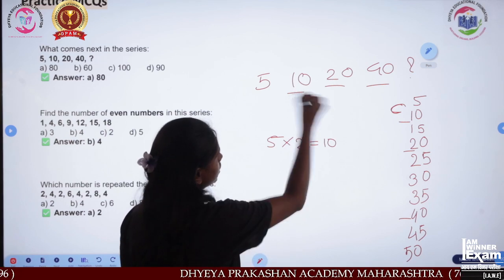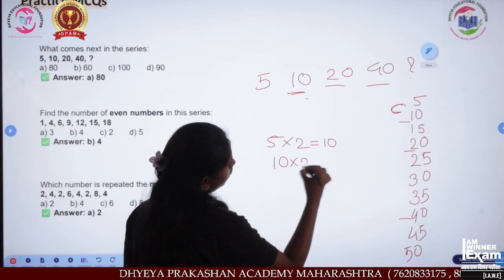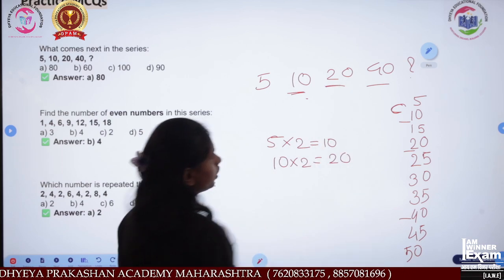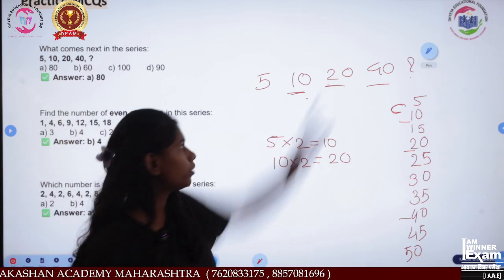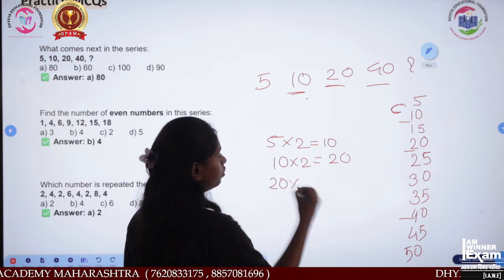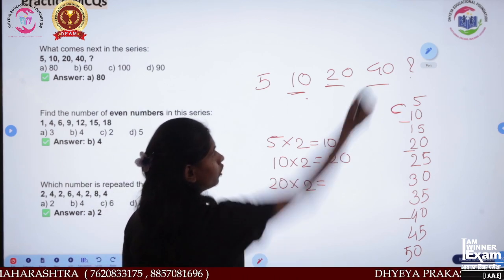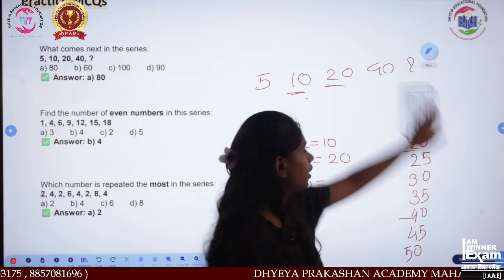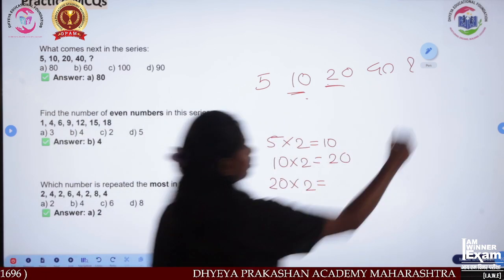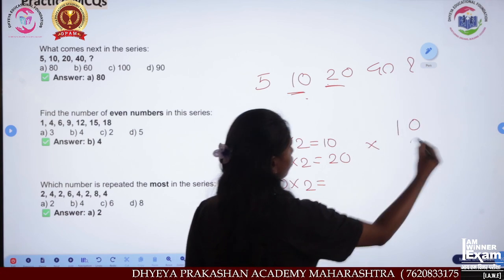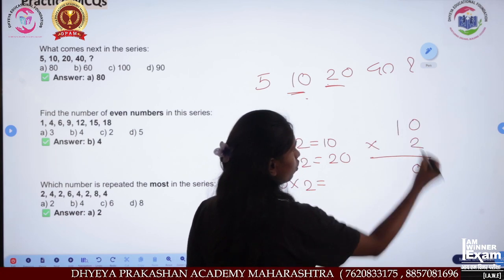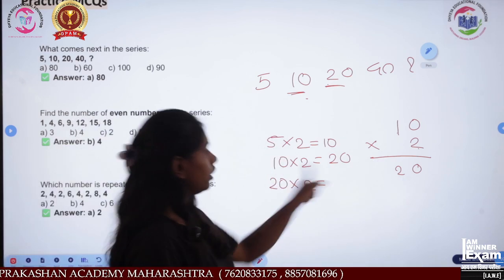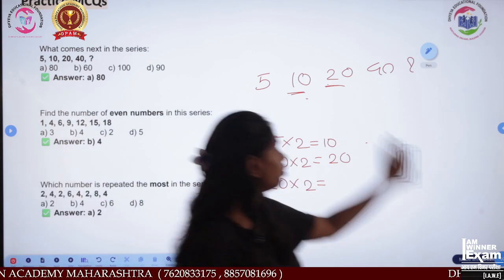Taking this 10 and multiplying it again with 2, we will get 20. Let's check. 10 into 2: 2 zeros are 0, 2 ones are 2. So you got 20. So 10 into 2 is 20.